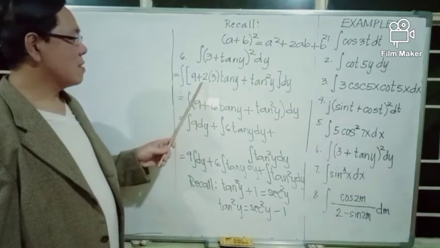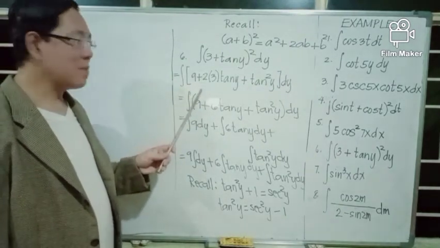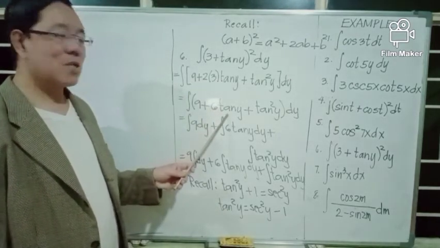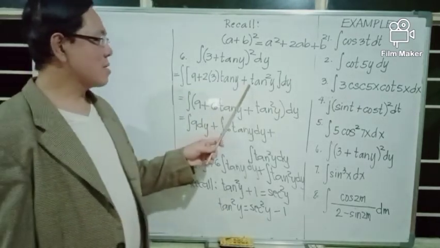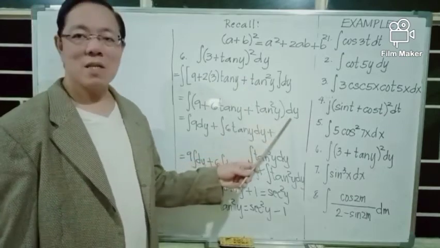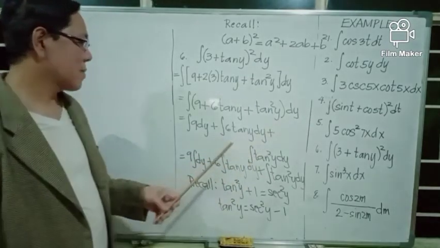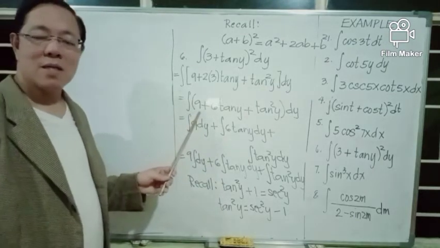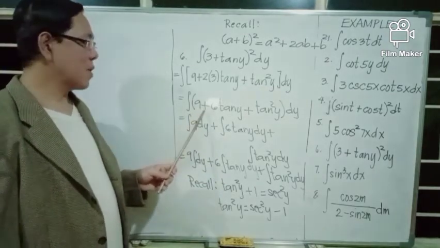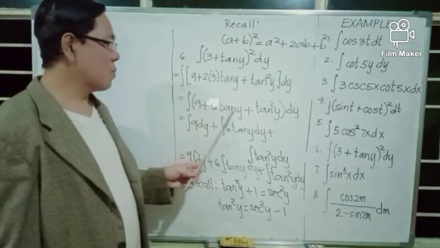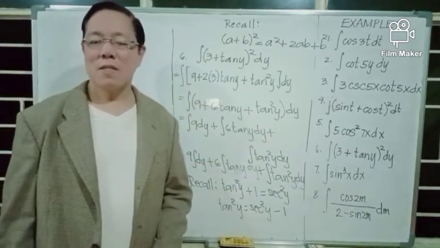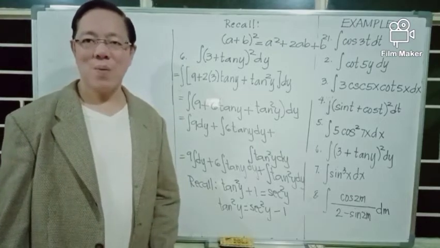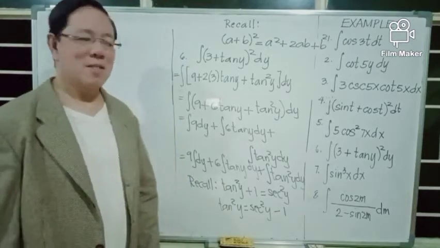And we integrate this with respect to y. We simplify. We have the integral of 9 plus 2 times 3, which is 6, multiplied by tangent y, plus the square of tangent y, integrated with respect to y. Now we apply the integration rule for the integral of a sum of two or more functions, which says the integral of a sum of functions is equal to the sum of the integrals of the functions.